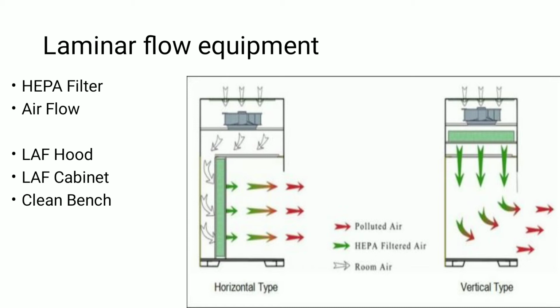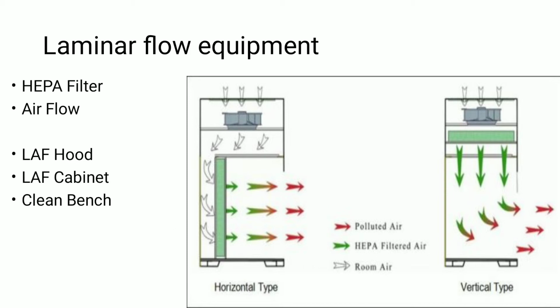It is a high efficiency particulate air filter, which is basically used to filter the air which we are getting from the environment. That is, in case of an aseptic area, it is room air. So that room air or the environmental air is passed through this HEPA filter, that is high efficiency particulate air filter.